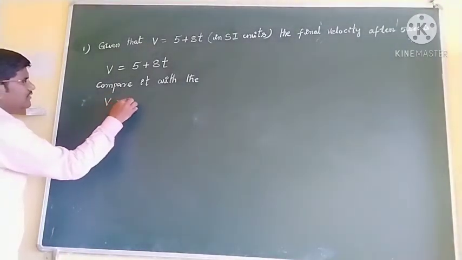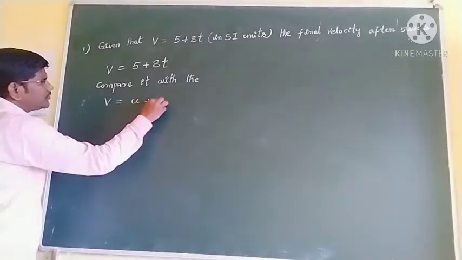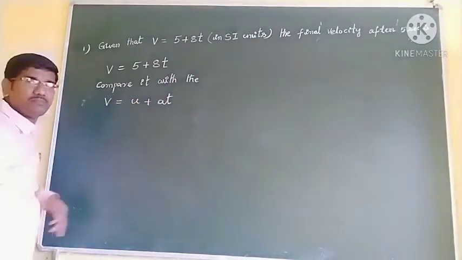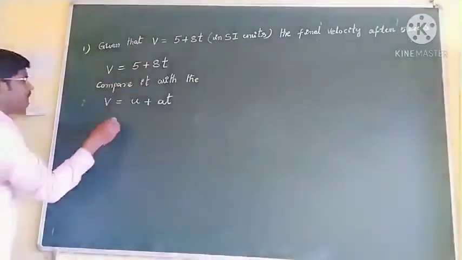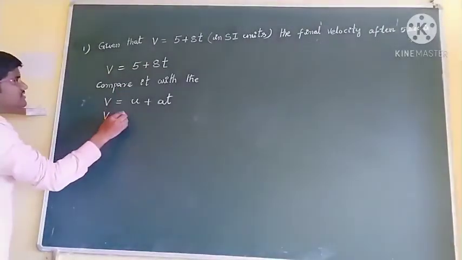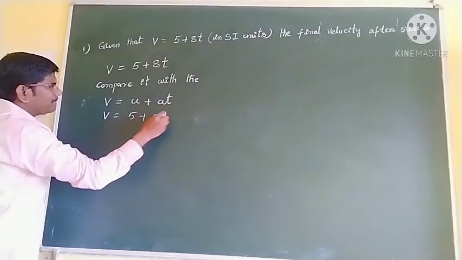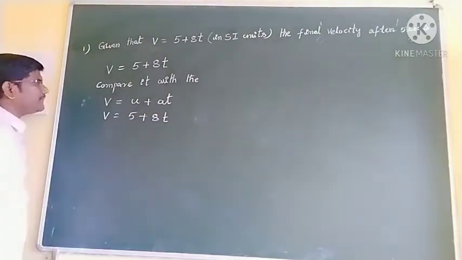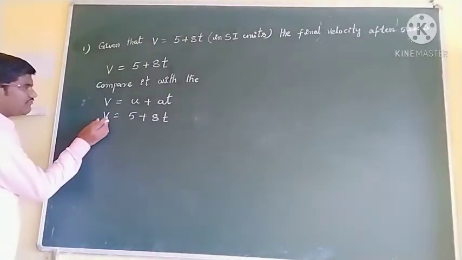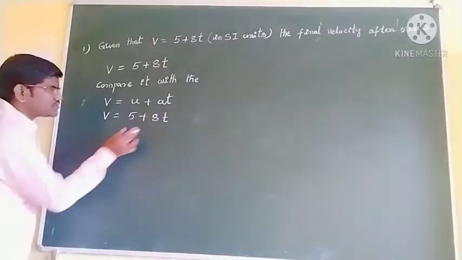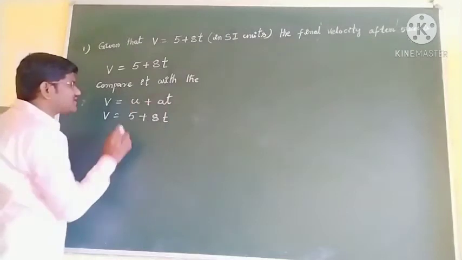Okay students, they have given v is equal to 5 plus 8t. Instead of v we have v only. So this is the given equation, this is the standard equation.